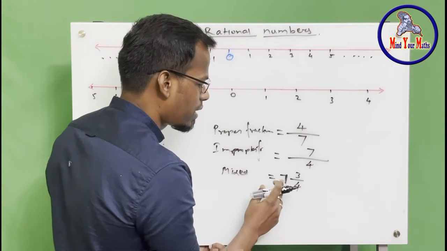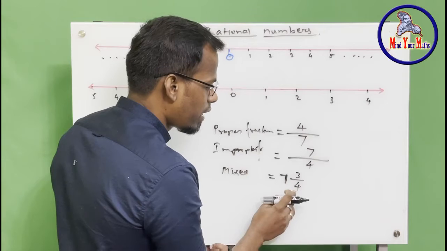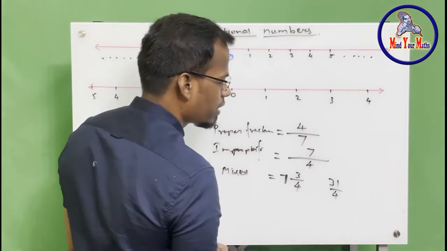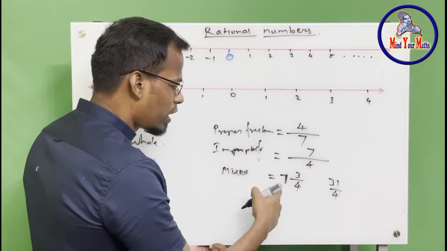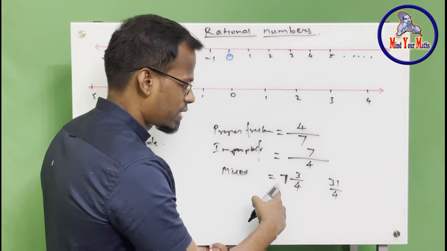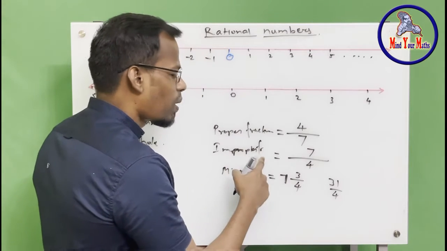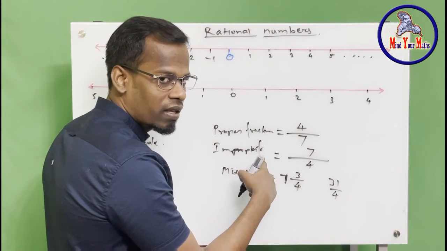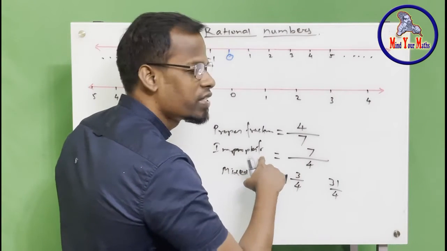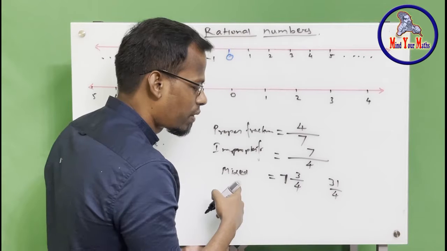What it means is that 7 times 4 is 28 plus 3 is 31. So 31 over 4 is equivalent to this mixed number. So which is an improper fraction, right? Got it?